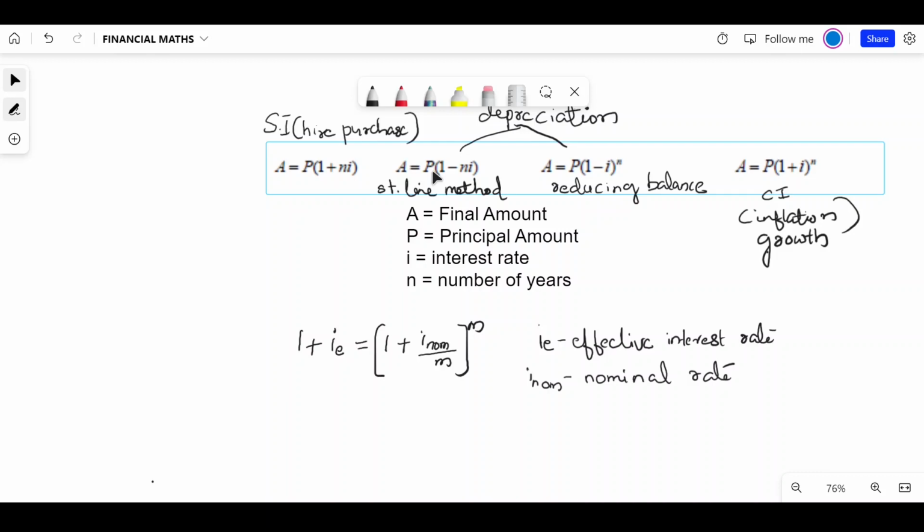So P is the price now, then A will be the price of the car after a few years. In the depreciation formula, A is also called the book value or scrap value because it's a depreciated amount.